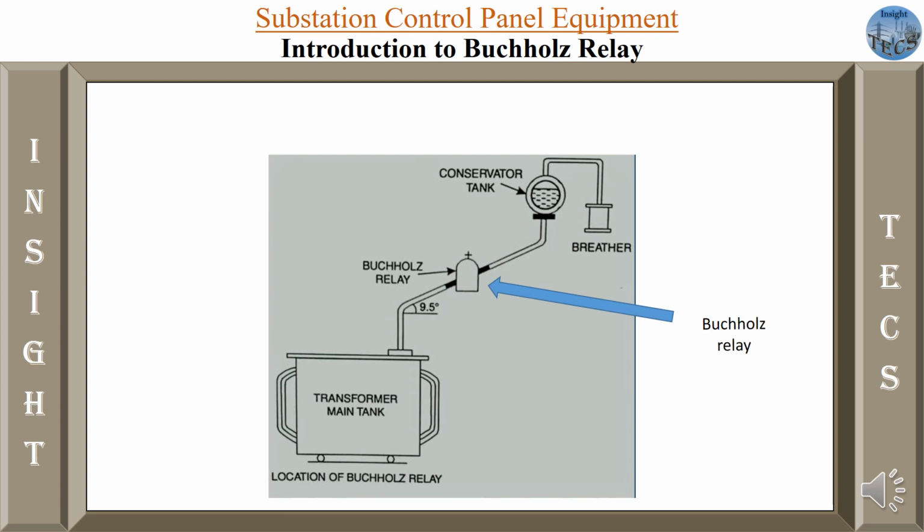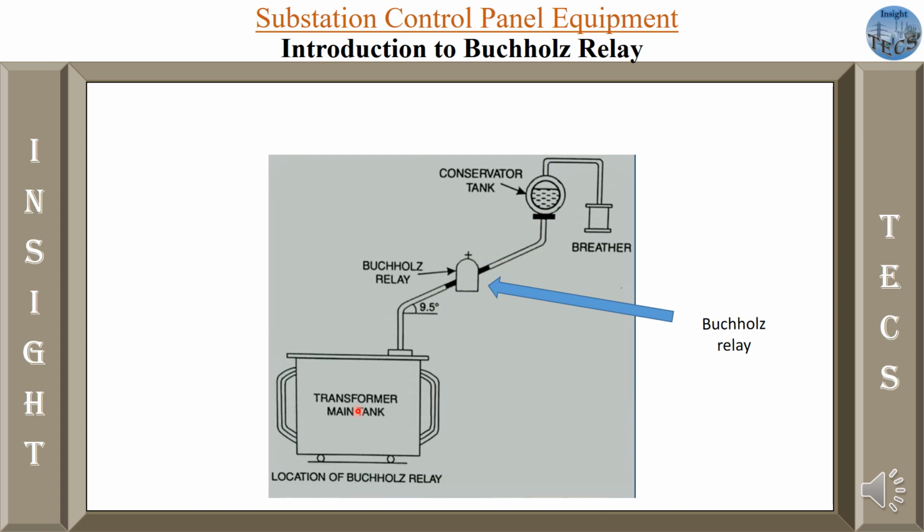In this diagram also you can see the Buchholz relay is connected. The specific angle of the pipe is given as 9.5 degrees. So it is always placed in between a conservator tank and the transformer main tank.